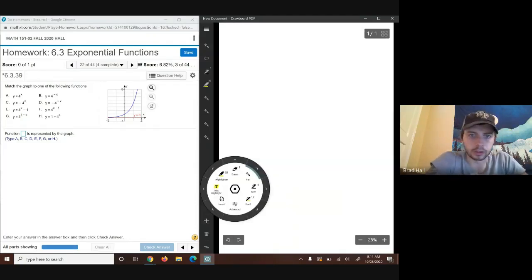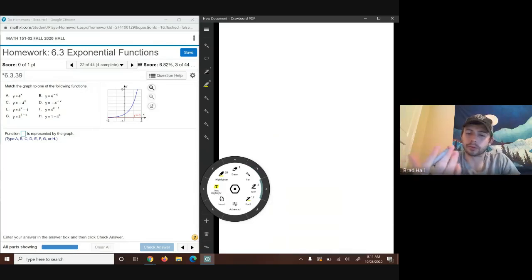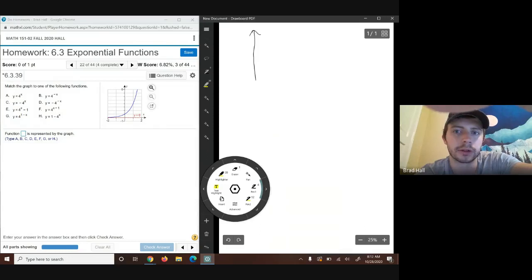Okay, so 22 is giving us this graph, and it wants us to find the correct function by process of elimination. What we have been doing for these is we look at the graph on the left and see how it resembles our parent function. Remember the parent function, which I have written down again in the notes.